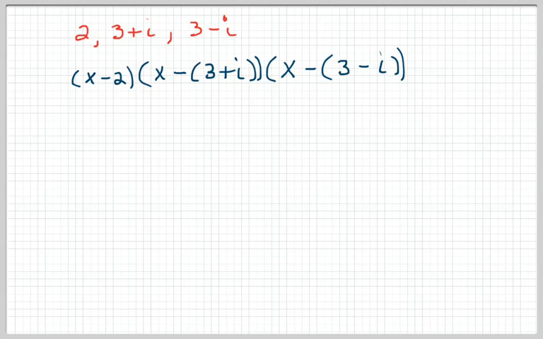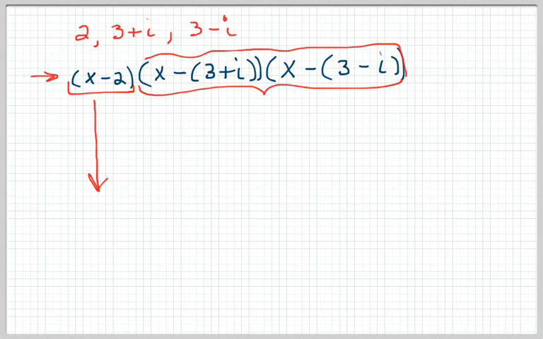So those are our 3 factors. Now we just have to multiply those 3 together, and that would give us the original polynomial. I'm actually going to do those 2 factors first. So the x minus 2, I'm not going to keep rewriting it. That's just sitting out front. And I'm just going to work on these 2 factors that come from the conjugate.